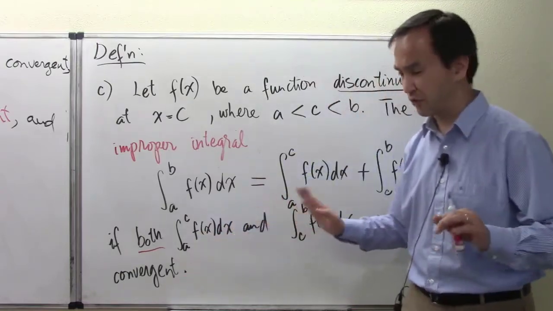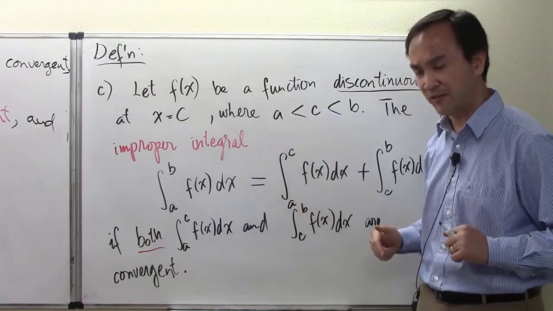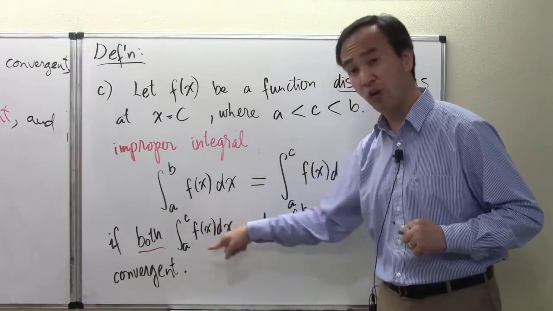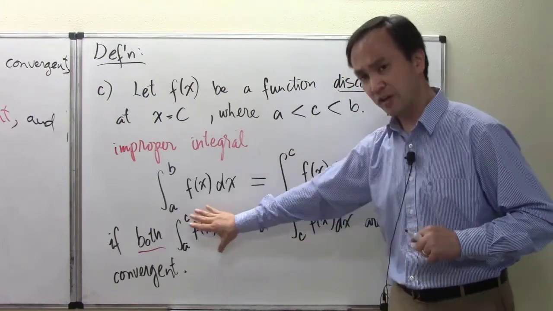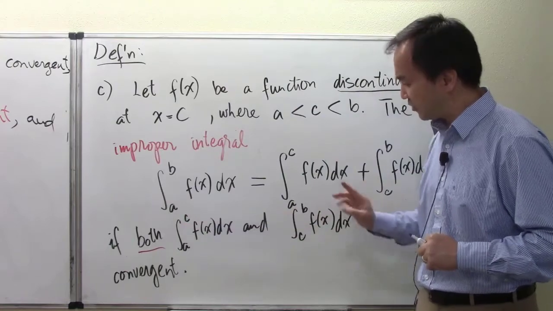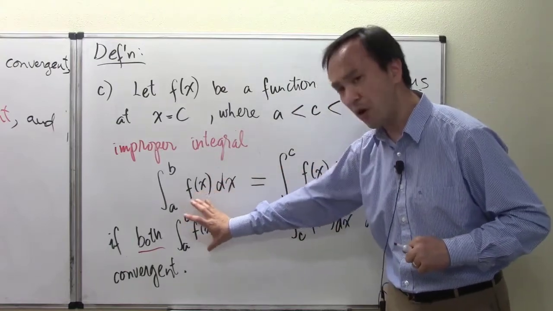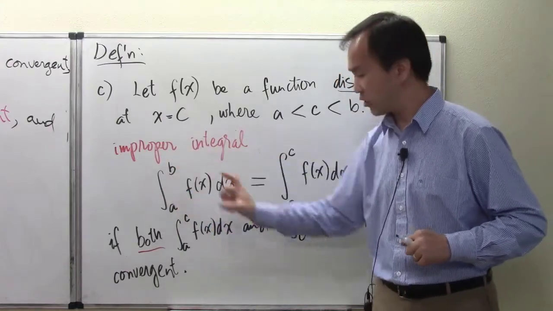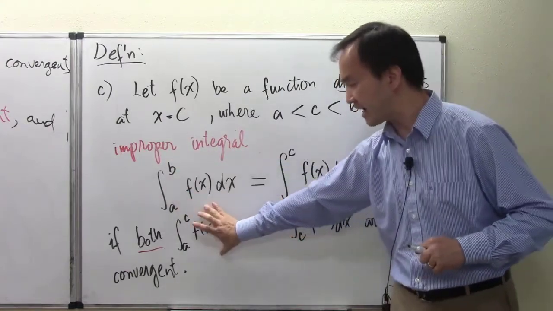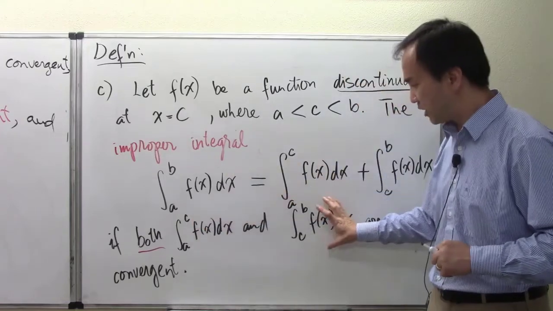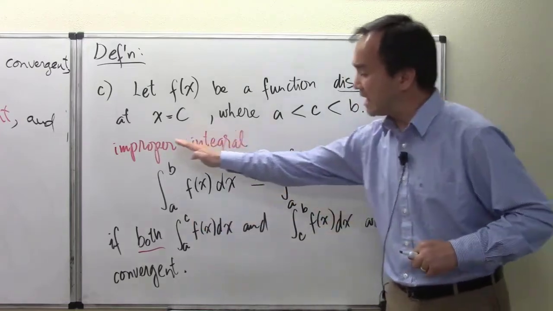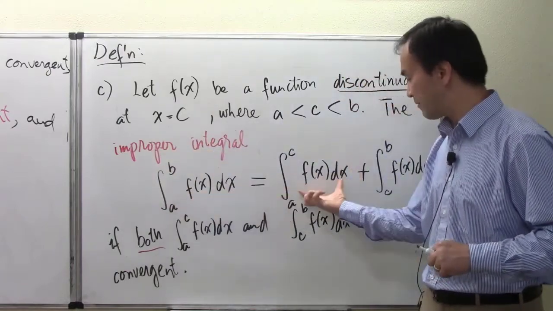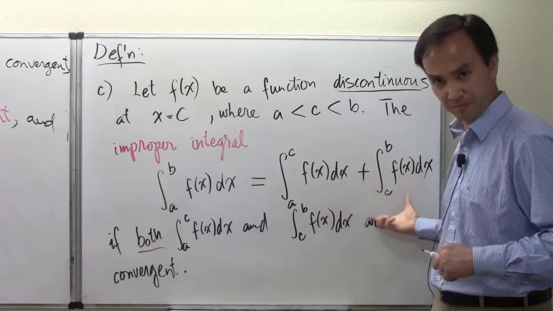Okay, so recall from our previous part of the same definition here, any one of these being convergent means its limit is going to be a finite value. But now we need both of these to be convergent, because once these are both convergent, then that has a numerical value, and this will also have a numerical value. Then the overall integral here will be equal to the sum of the two answers numerically.